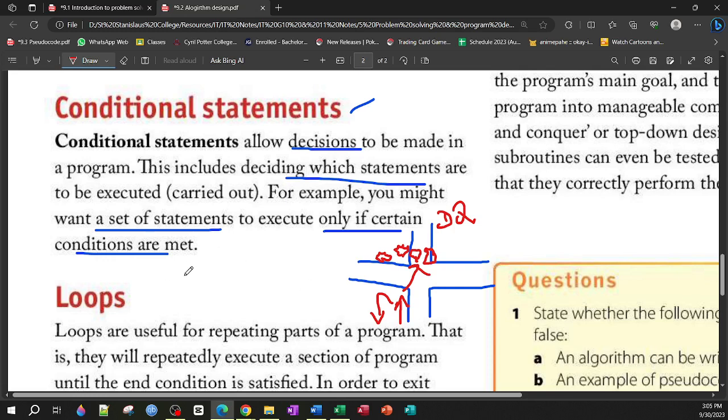So, for instance, let me give you an example. We can check to see if the day is equal to Saturday. If the day is equal to Saturday, or if today is Saturday, then sleep.